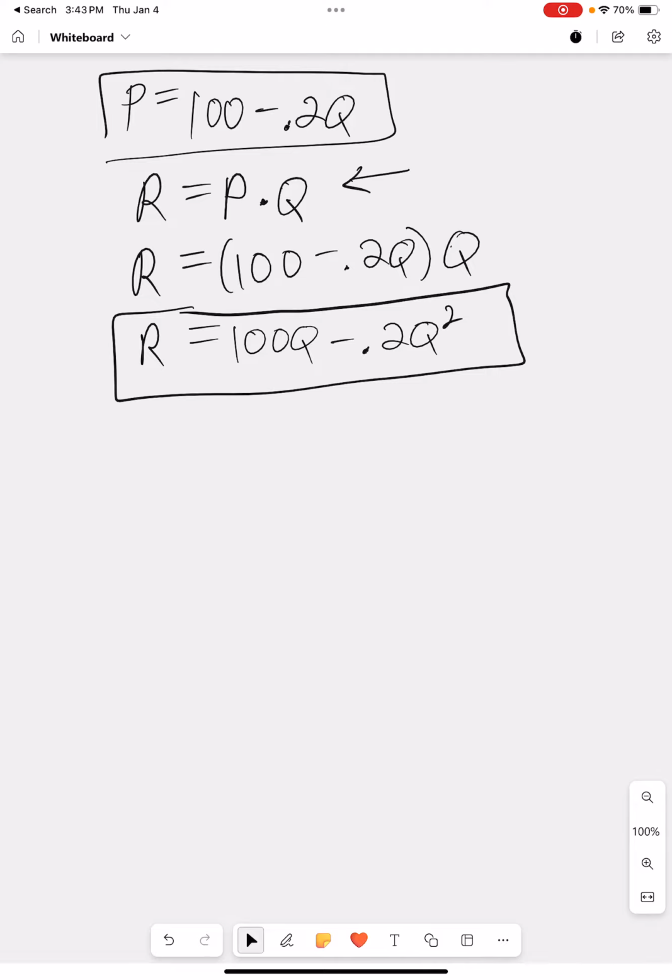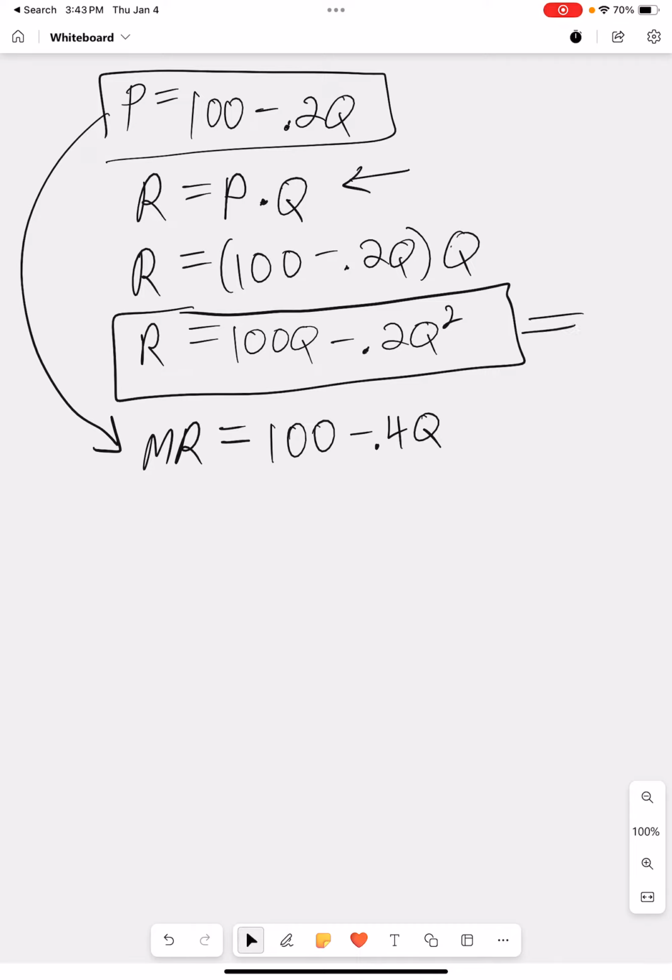And if we want to maximize revenue, we need marginal revenue. Now remember, in that previous video, we showed a trick, and that is we can go straight from P to MR by doubling the value on the Q. So 0.2 becomes 0.4, or if you prefer, you could take the derivative of the revenue function directly.